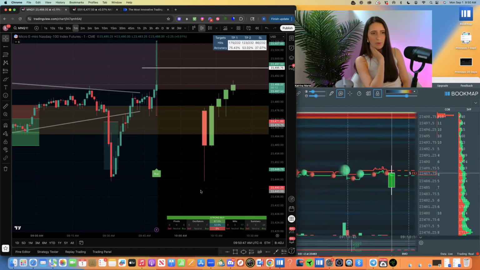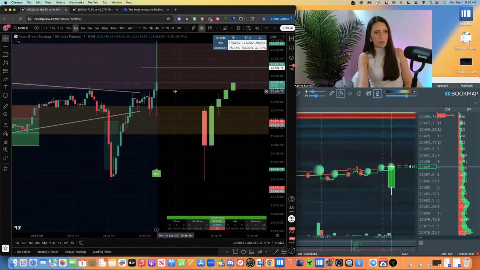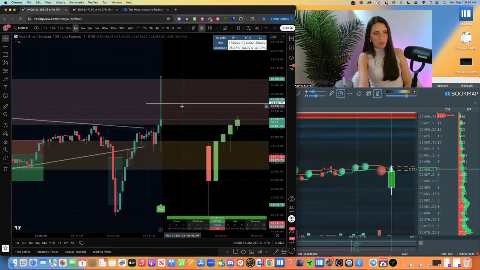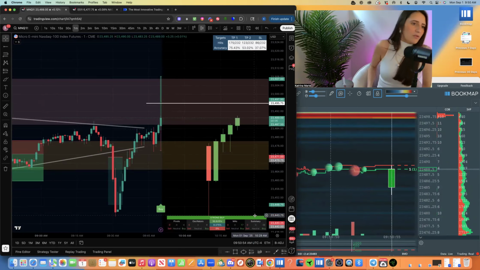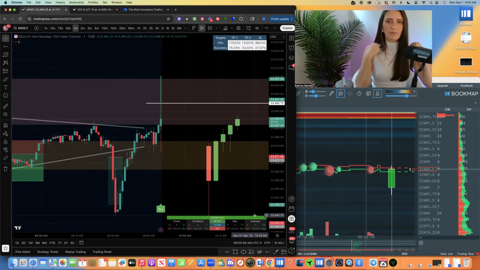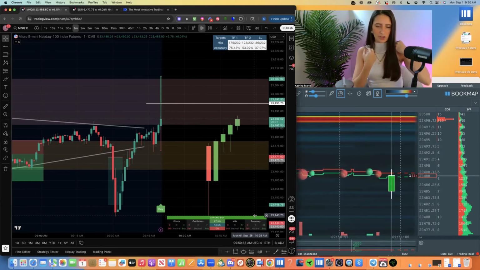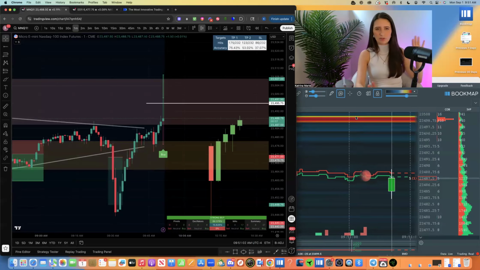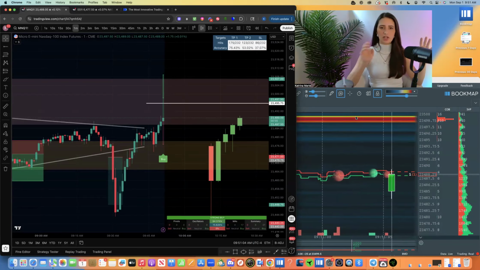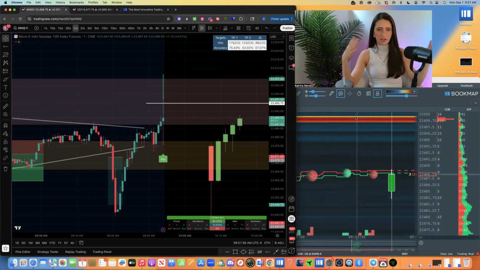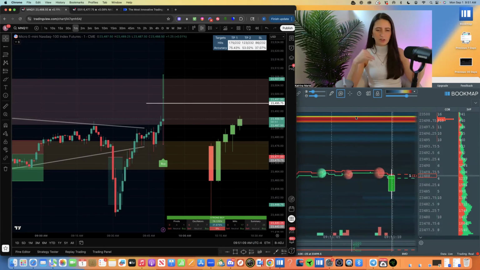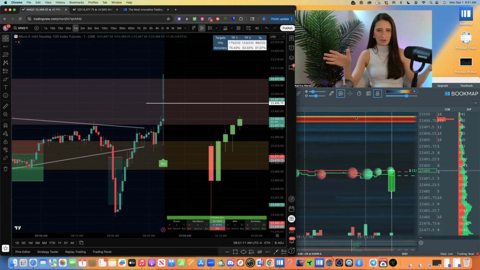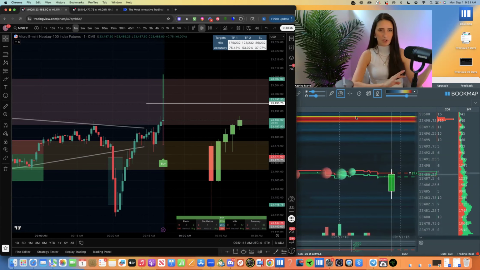Do I keep my charts up all day? We're getting a buy signal from Firestorm FX, by the way. Take profit one is around that area. I do not keep my charts up all day. I do keep Bookmap up on my computer only because my computer's already on and running, so I just have it gathering a lot of data all day. But even if you turn it off and turn it back on, you could have it load the data from the last 48 hours.